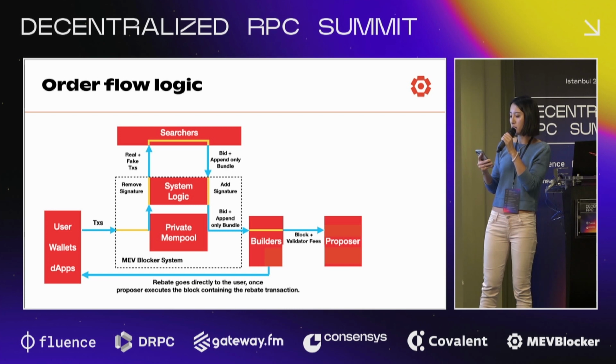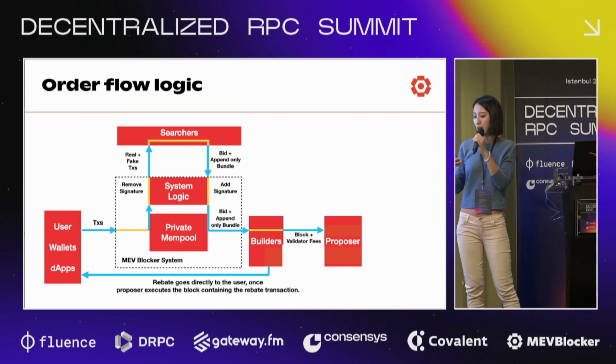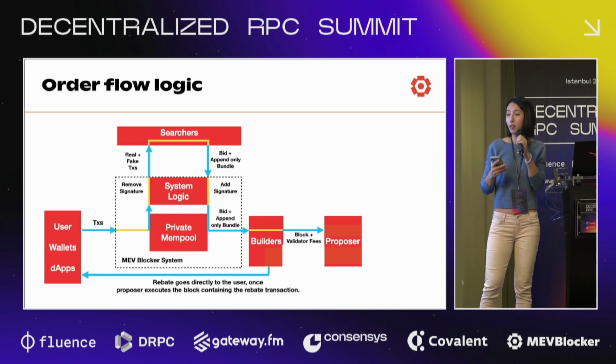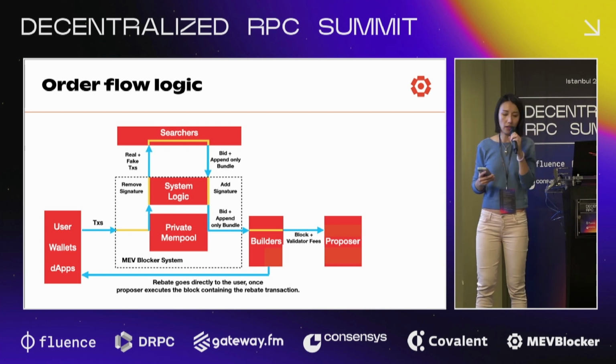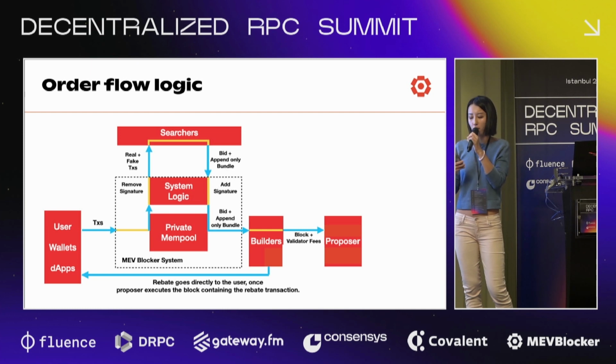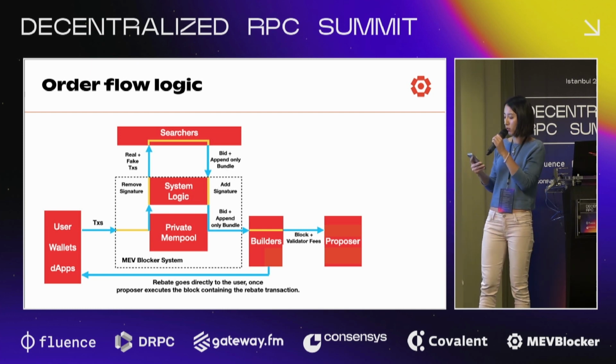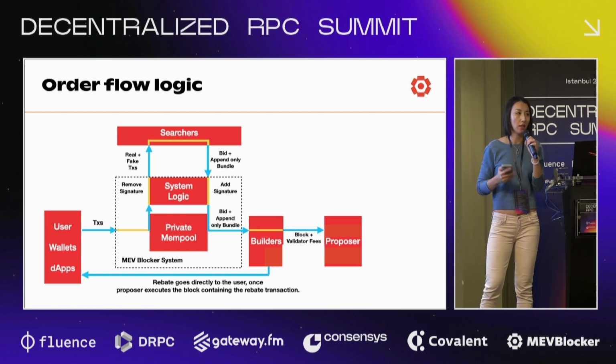The MEV Blocker system then auctions off the right to back-run these transactions, and the searchers submit bids. The winning bundle is decided by the one that gives the most value back to the users. MEV Blocker then gathers these bundles created by searchers, adds the signature, and forwards the bundles to all the major builders in the network.